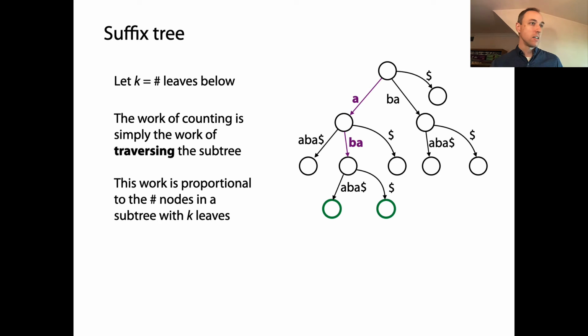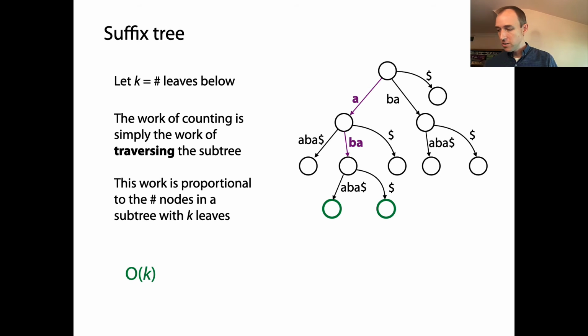And the answer is that we can reuse the same sort of argument we used to argue that the overall suffix tree is big O of m nodes, to argue that that subtree is big O of k nodes.